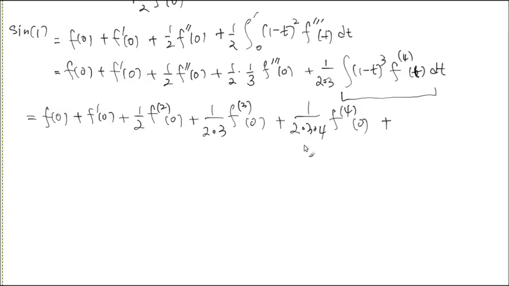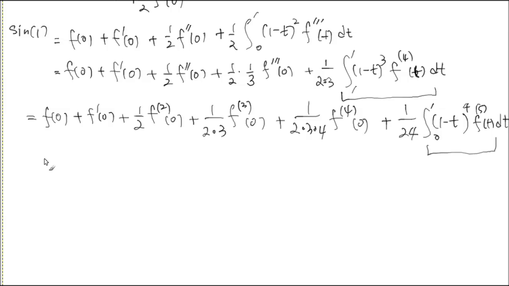And the next term is that, what is that all together? 24, right? 24, from 0 to 1. And here is the fifth power, is that right? Third and the fourth power. I was wrong, fourth power. And fifth derivative dt. All right? If we can convince ourselves that this is not too big, it's a fairly small quantity, then this is a good approximation to the quantity sine 1.